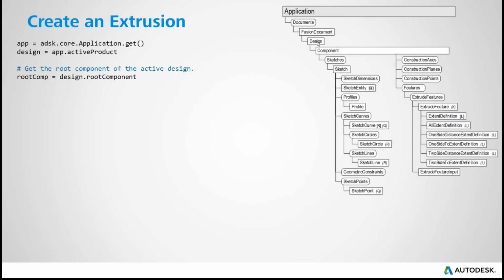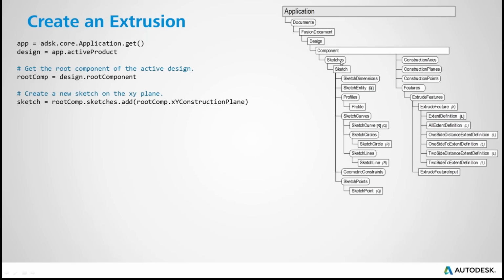Then with the design object, I call a property on it called root component, and that returns a component object. The root component is the very top level component. If you were in Fusion and looked at the browser, that's the very top one that owns everything else in that document. From the root component, I call the sketches property.